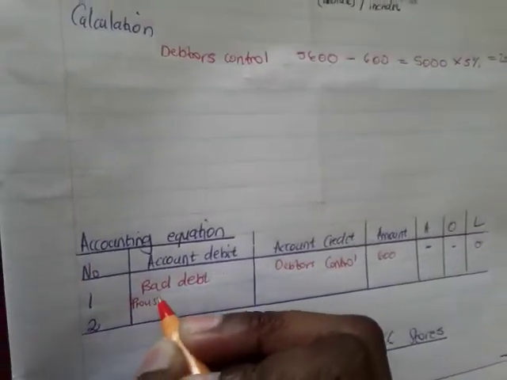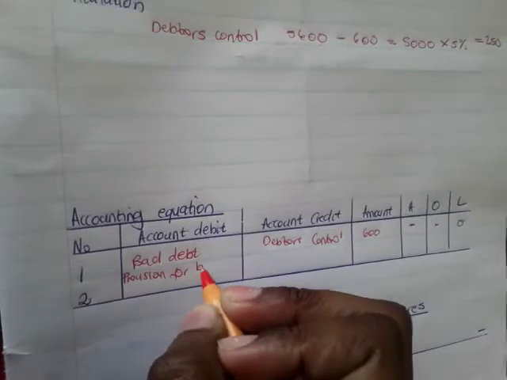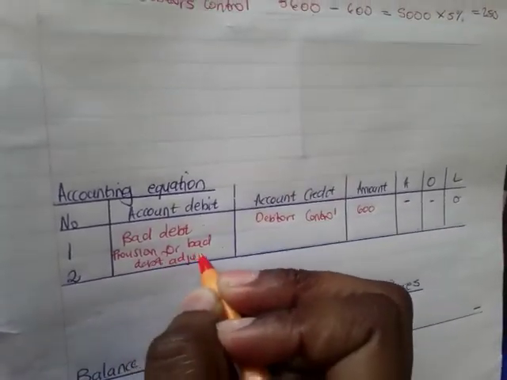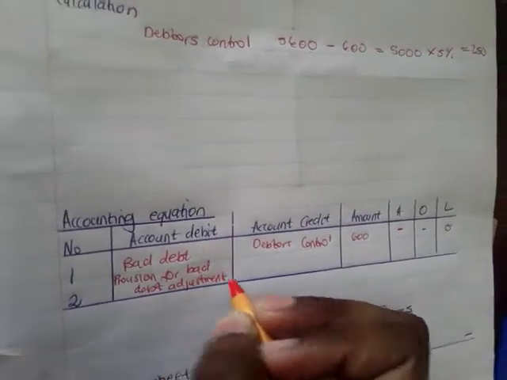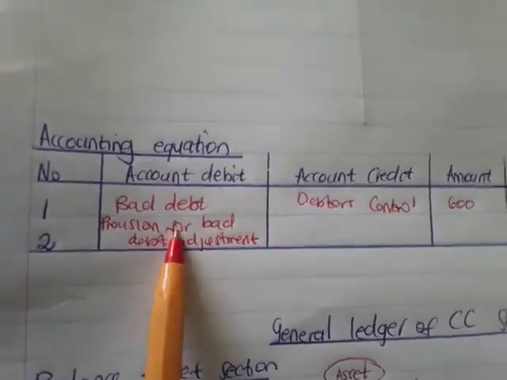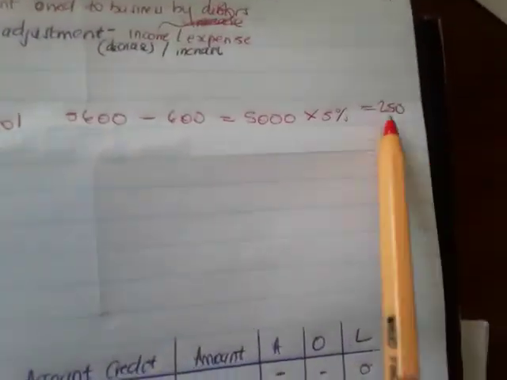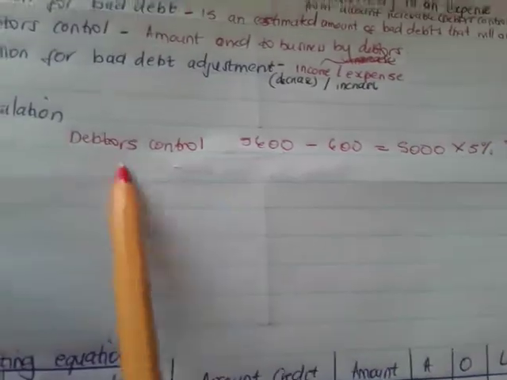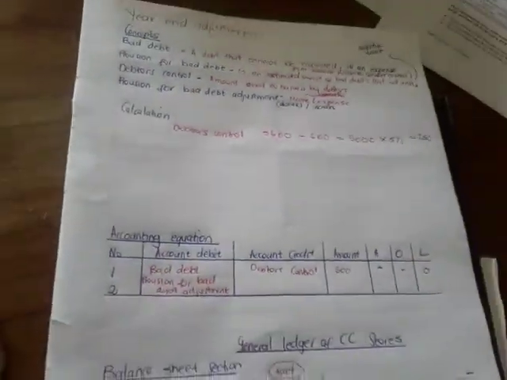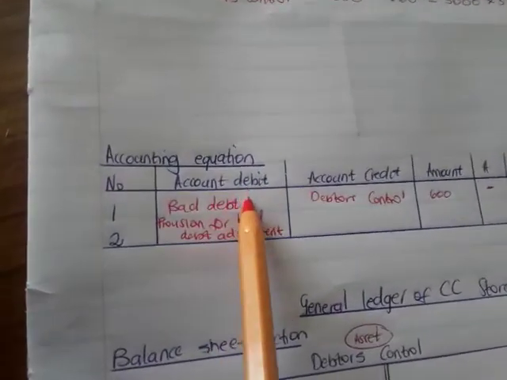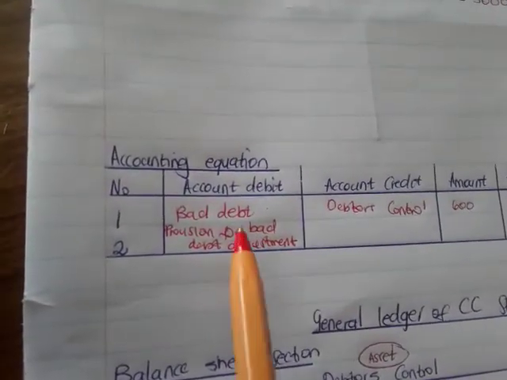So you would have your provision for bad debt adjustment, because it is an expense and expenses are debited, right? Because we take this 250, 5% of our book debt, and allocate this amount to this account, making it a debit.